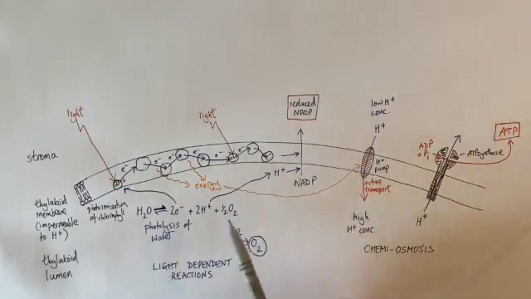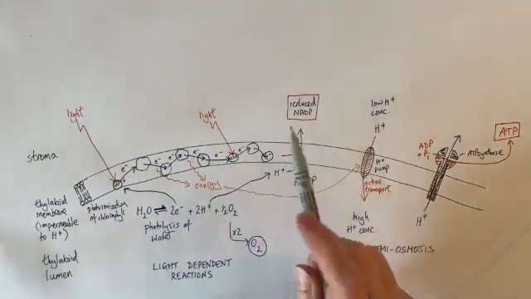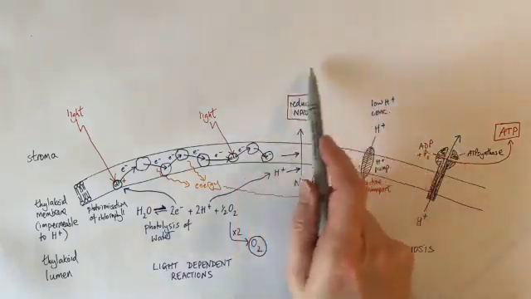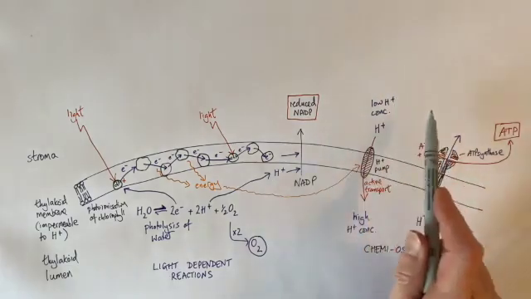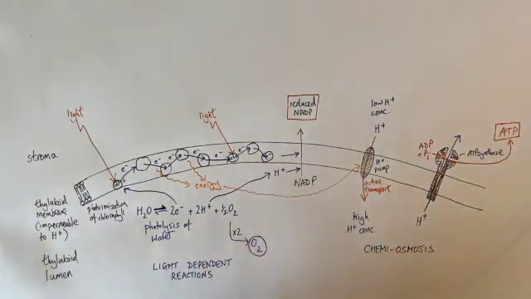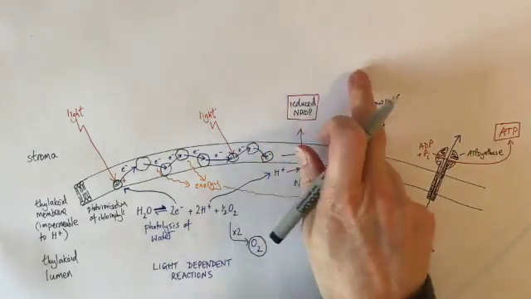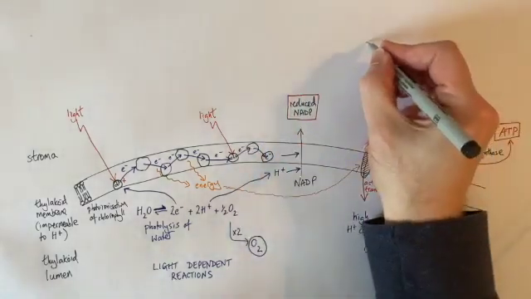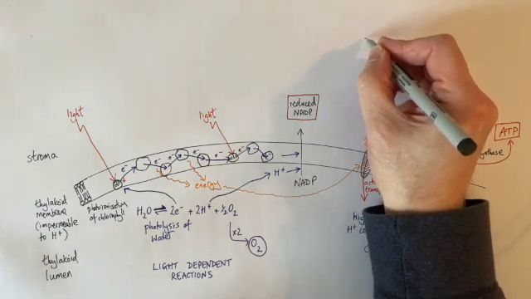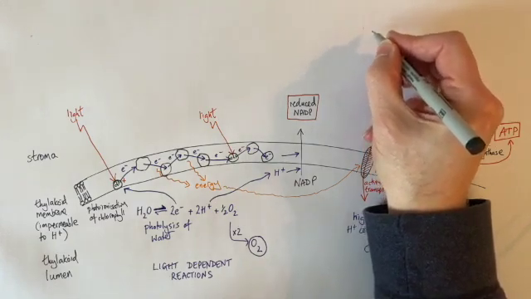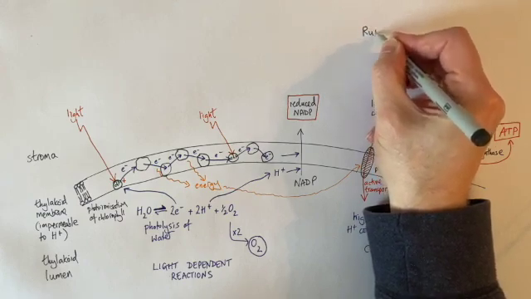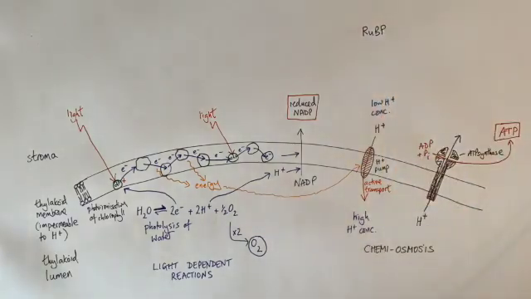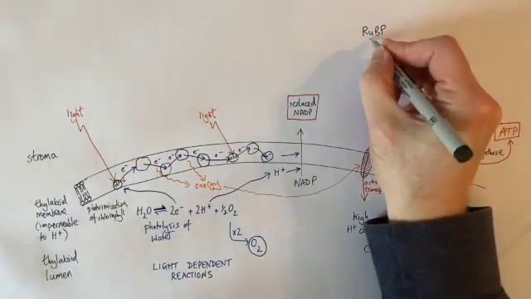And it's called the Calvin cycle. It's a cycle of events, but I'm going to squish it down along here because it doesn't really matter. Remember, this is a stroma, so all these molecules are floating around, bumping into each other, reacting and so on. So what we have in the stroma is a substance called RUBP, ribulose bisphosphate.